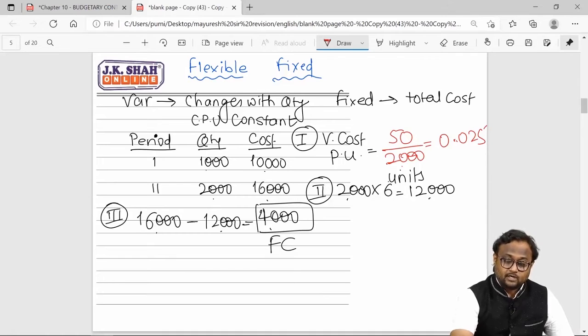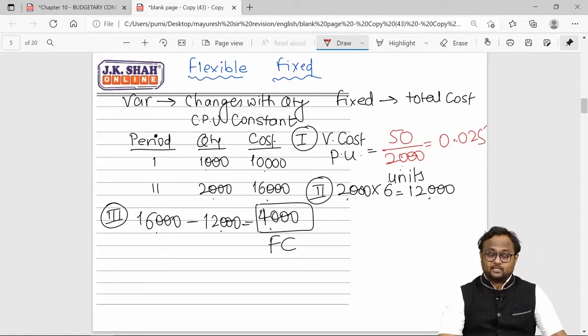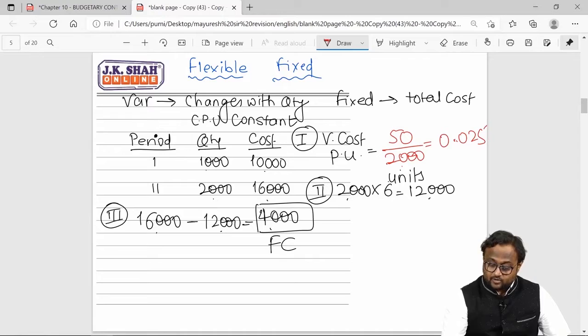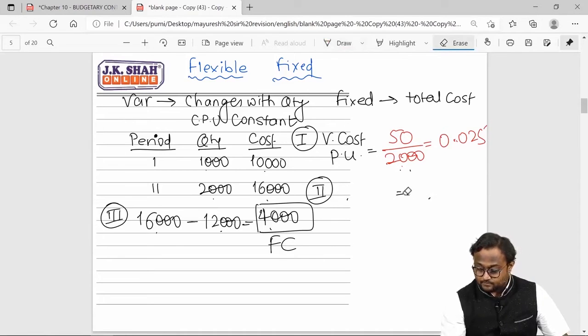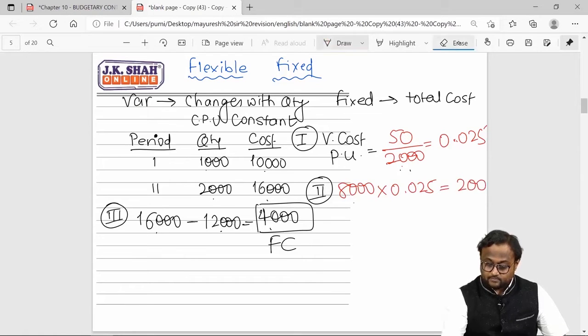I'm applying the first quantity, 8000. So 200 is my variable cost as per the calculation, guys. 8000 into 0.025, 200.